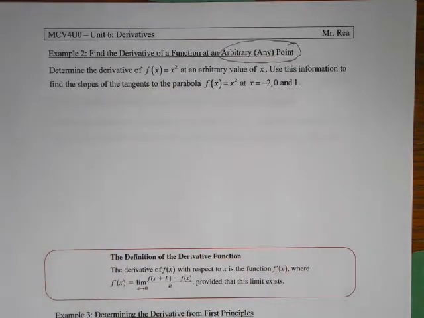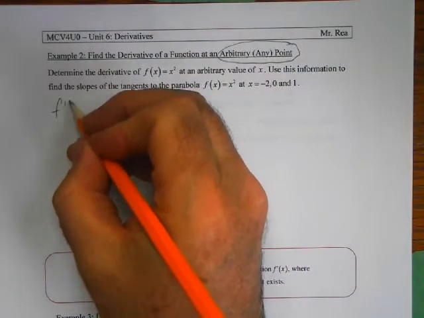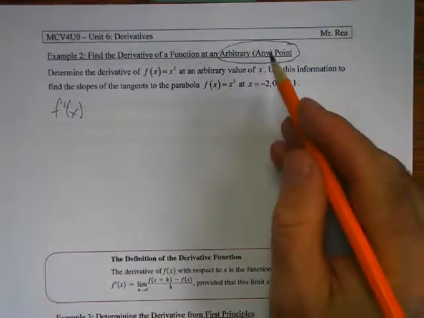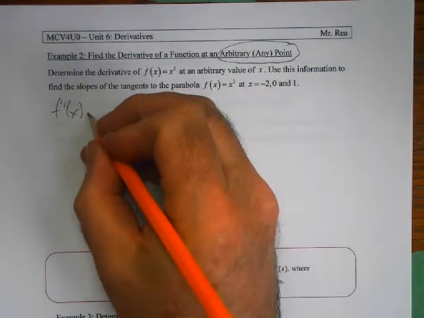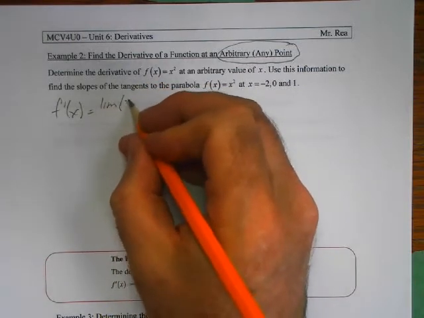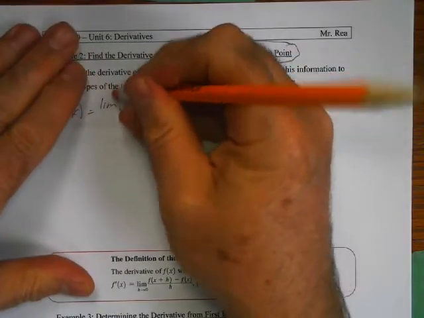Okay, so this time f prime of x, because we're doing the general formula for any point x, and this will be the same, except instead of putting -3, we've got f of, should be, that limit's right out front.